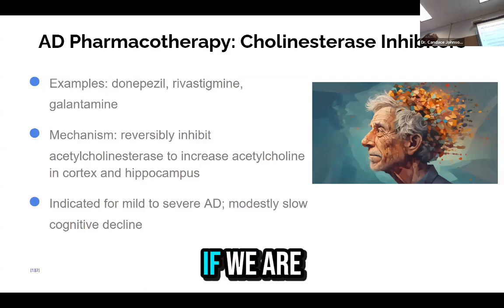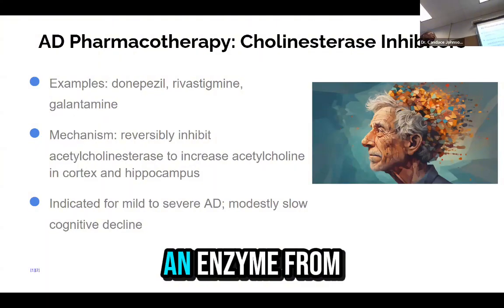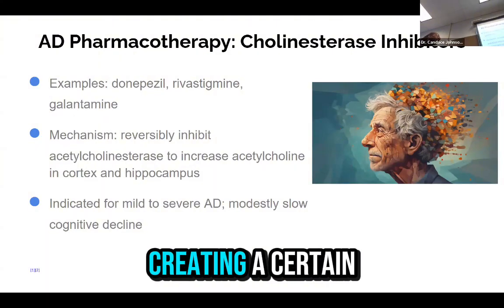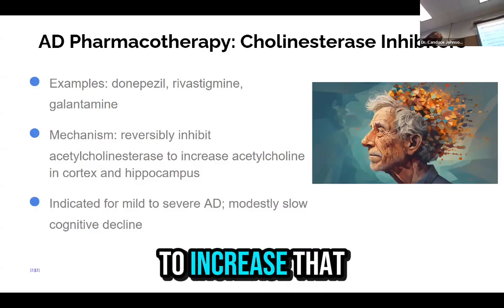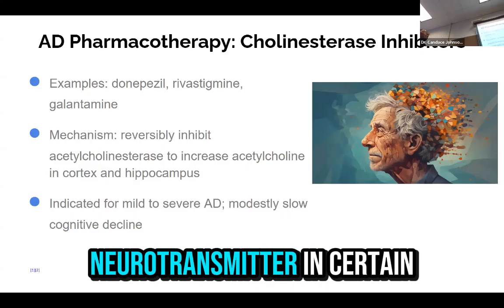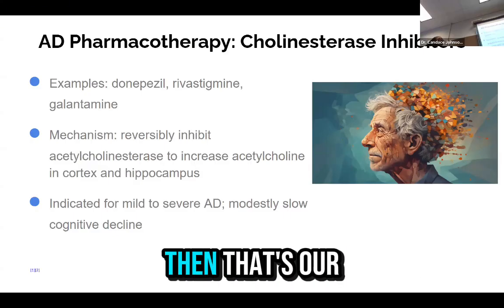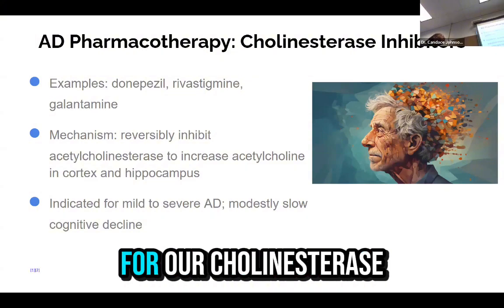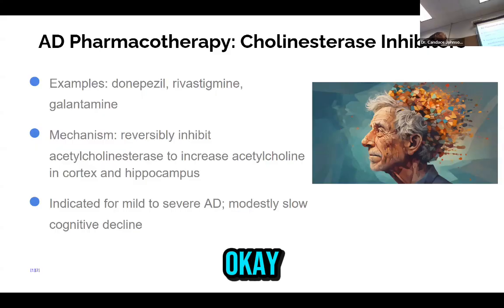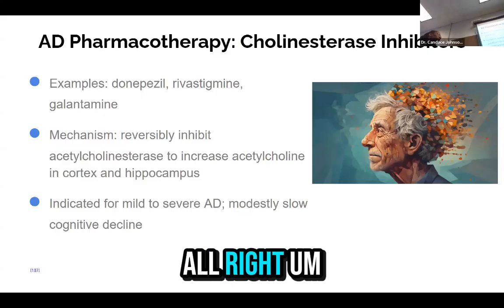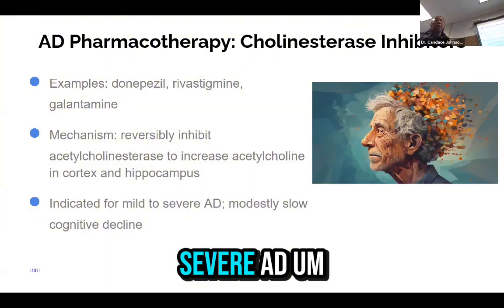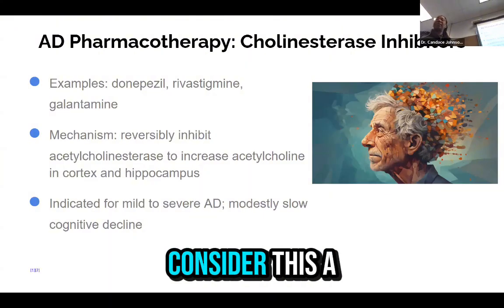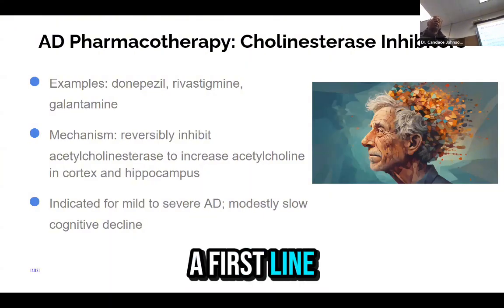So if we are trying to stop an enzyme from breaking down a certain neurotransmitter, to increase that neurotransmitter in certain areas of the brain, then that's our mechanism of action for cholinesterase inhibitors. All right. We're going to give these to folks with mild to severe AD. So I would consider this a first line drug. Okay.